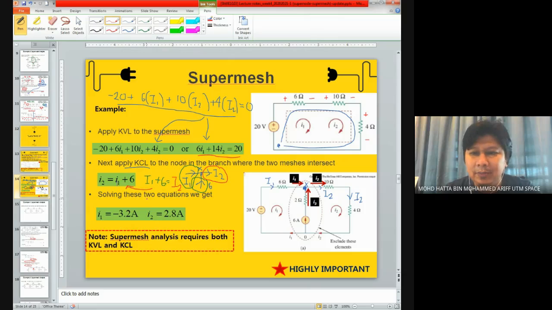So that's basically the idea of Supermesh analysis. When you try to solve a circuit using a Supermesh, you need to apply both KCL and also KVL at the Supermesh.